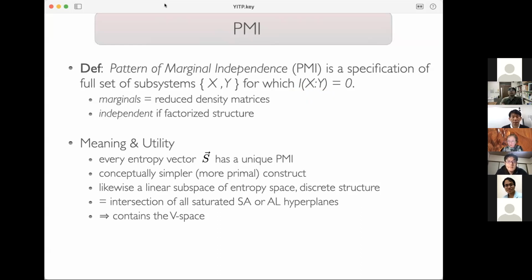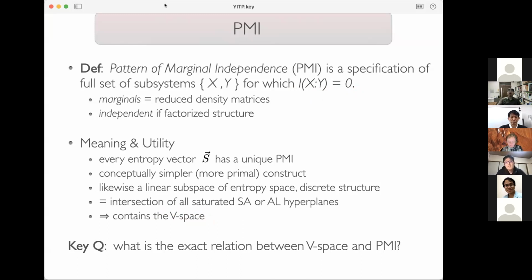In particular, it's a subspace which contains the Vspace, because the Vspace was given by the intersection of all these plus other information quantities. But apart from this inclusion, what is the relation between the Vspace and PMI? In general, that's a complicated thing. We'll find a context where it's very simple, where they coincide.